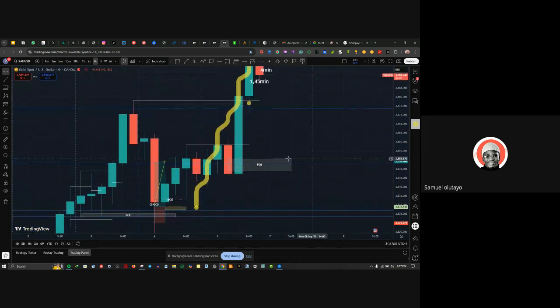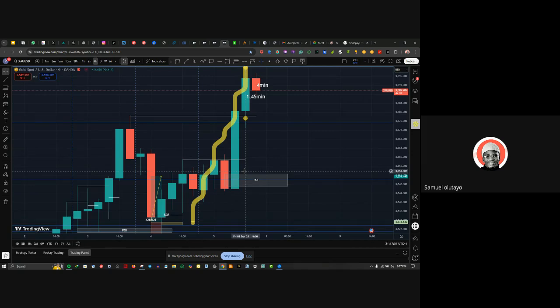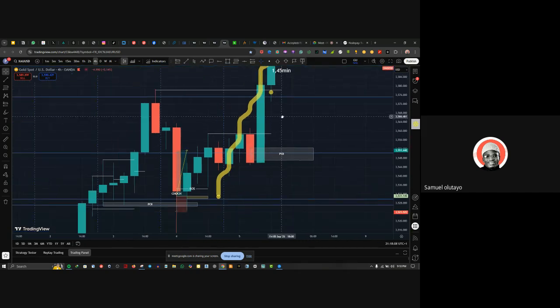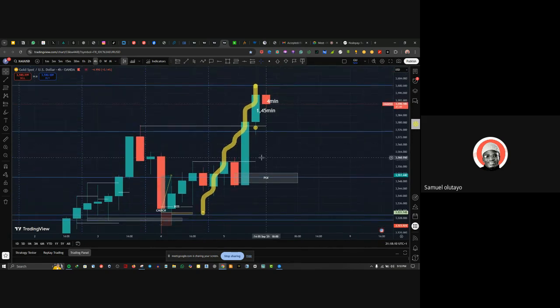Now, remember, a swing trader, this is a 4 hours chart, right? So that means every candle is a 4 hour candle. So let's start counting. 4 hours, 8 hours, 12 hours, 16 hours, 20 hours, 24 hours. So it took 24 hours, that is a day, for a swing trader to go from their entry to their profit.